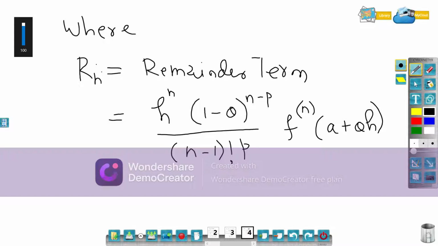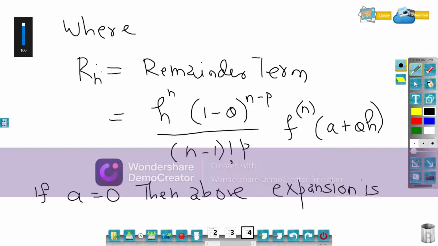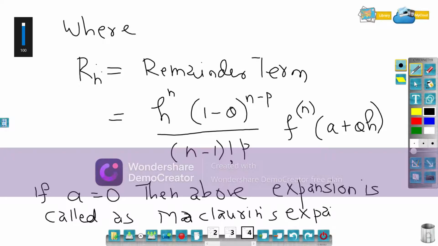One thing should be noted: if a is equal to 0, then the above expansion is called Maclaurin's expansion or Maclaurin series.